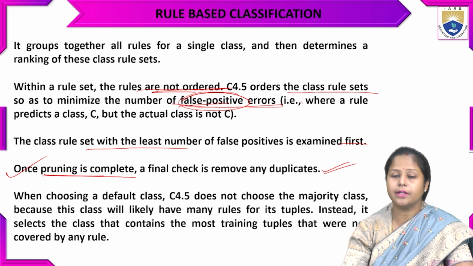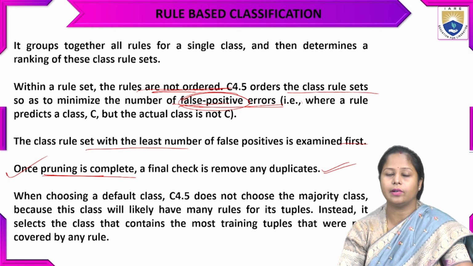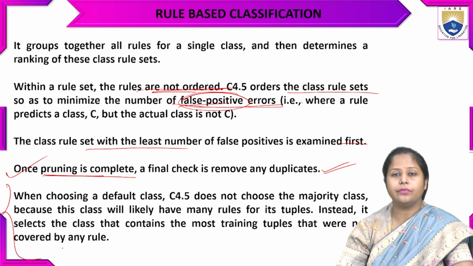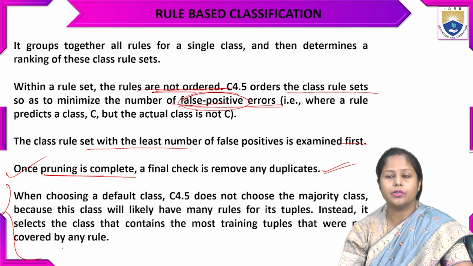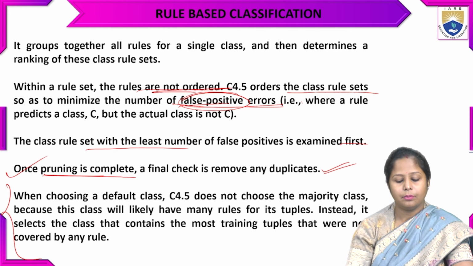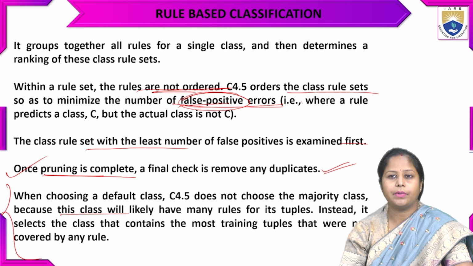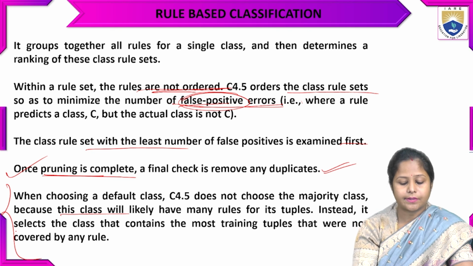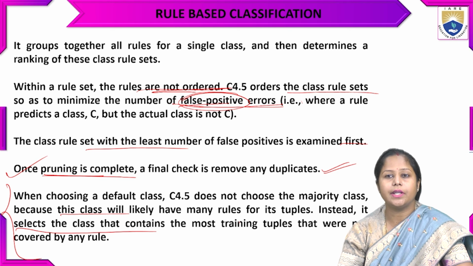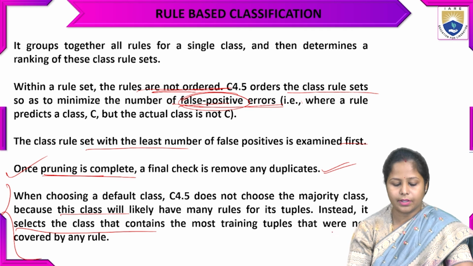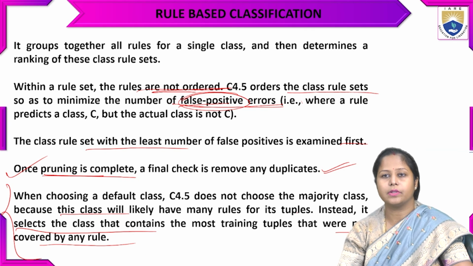If we have redundancy, then we are going to remove that also. When choosing a default class, C4.5 does not choose the majority class because this class will likely have many rules for its tuples. Instead, it selects the class that contains the most training tuples that were not covered by any of the rules.